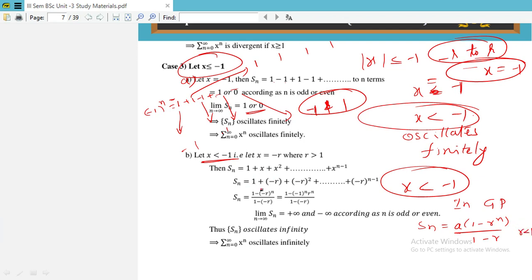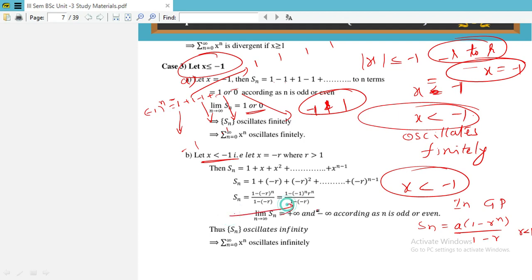Sn is equal to 1 plus minus r plus minus r square and so on, up to minus r raised to n minus 1, which equals 1 minus of minus 1 raised to n into r raised to n, divided by 1 minus of minus r.